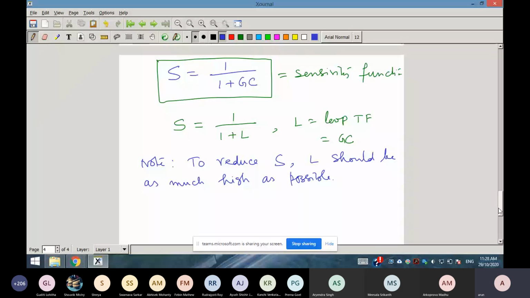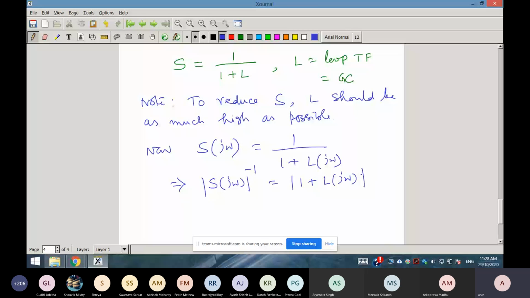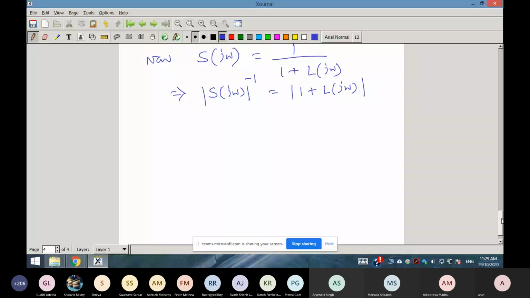S j omega equals 1 by 1 plus L j omega, so the inverse of the magnitude of S j omega equals the magnitude of 1 plus L j omega.